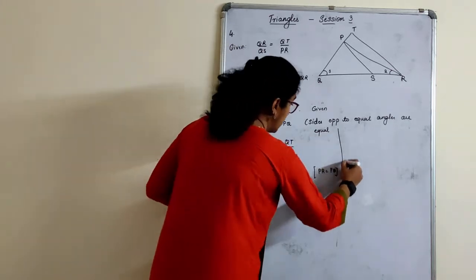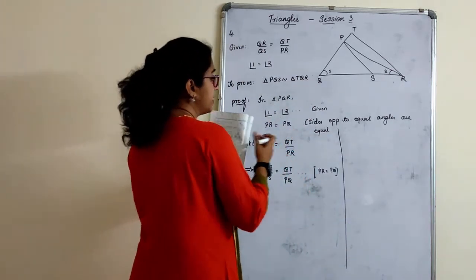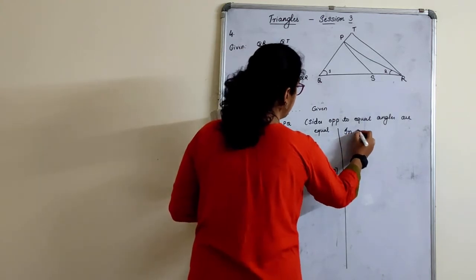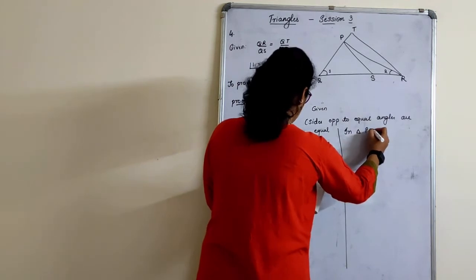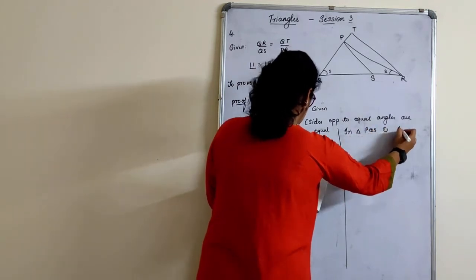Next part. We will now choose the triangles. We have to prove the triangles are similar, so we will choose those triangles only.